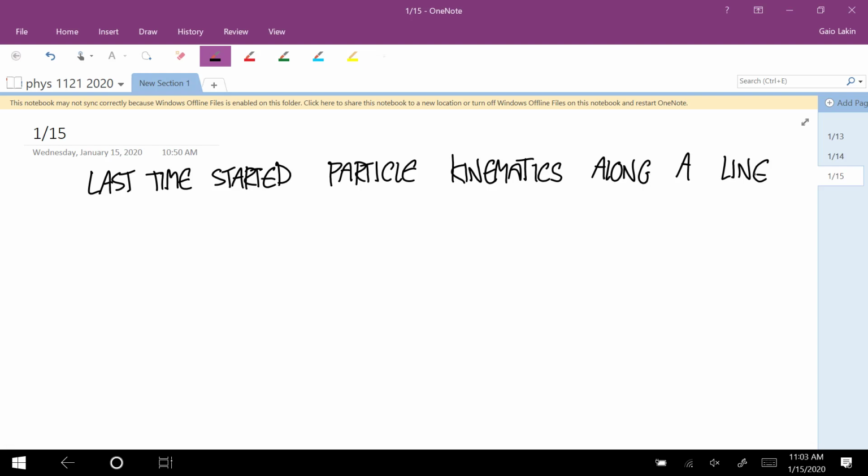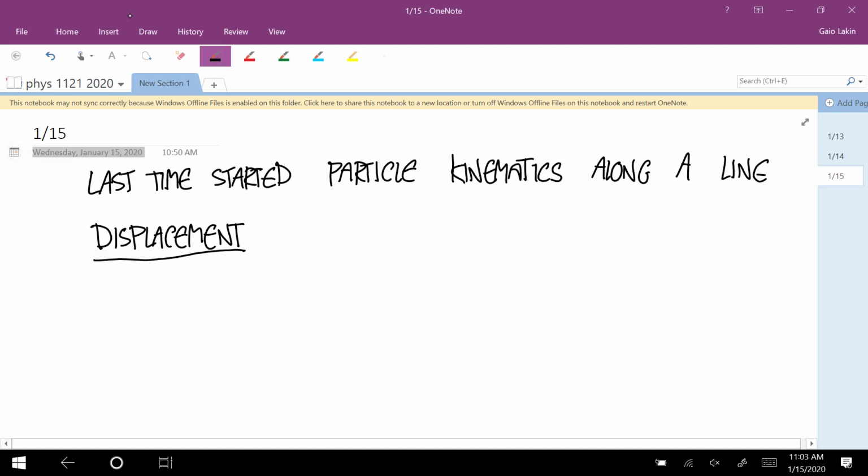To come up with a numeric position, you need to choose two things, a zero position and a positive direction. And once you have the position defined, you can define displacement. It's related to position.